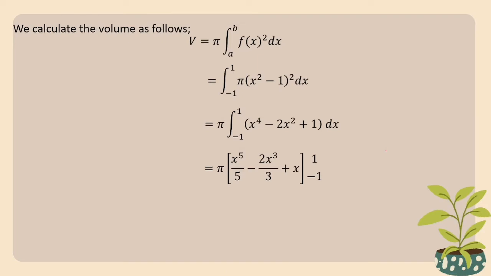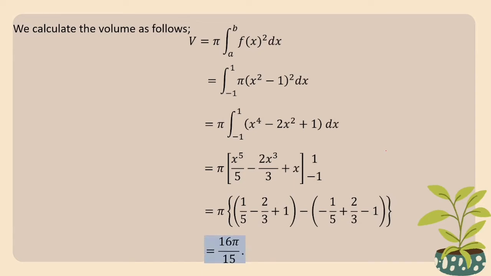Integrating, we have pi times x to the power of 5 over 5 minus 2x cubed over 3 plus x, evaluated from negative 1 to 1. Substituting x, we get the final answer 16 pi over 15. I hope you got it right, class.